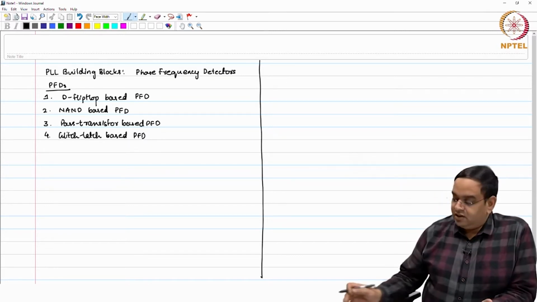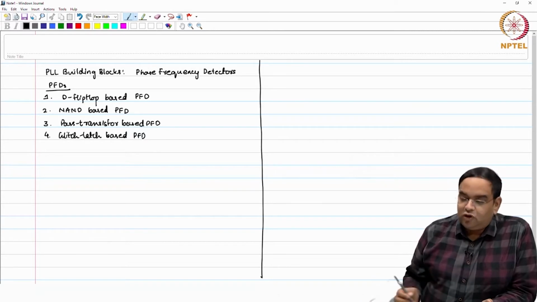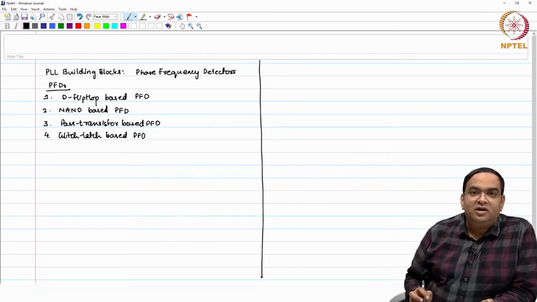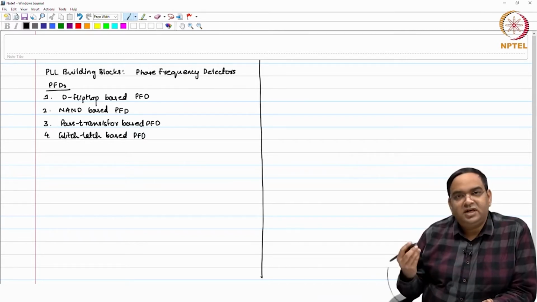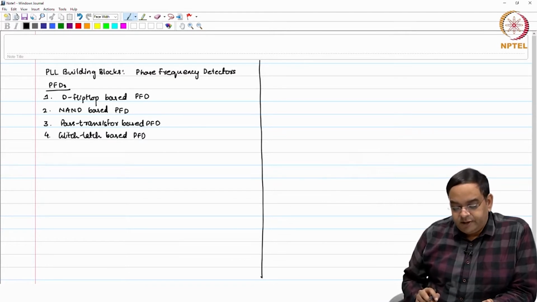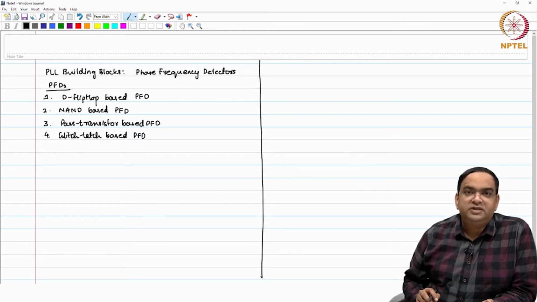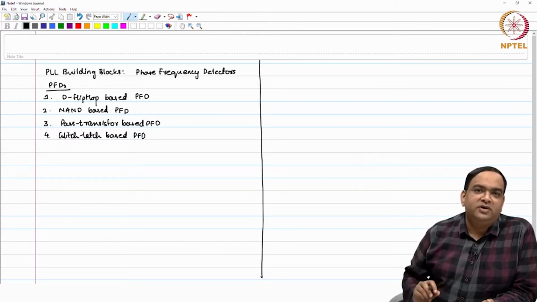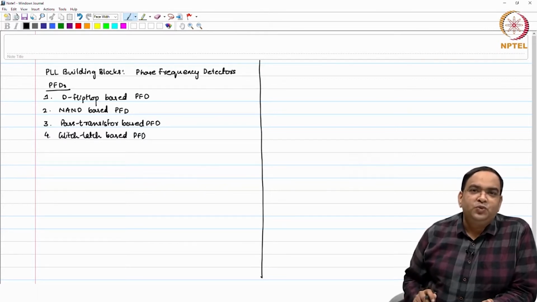But there are other designs also. This list is not ending here. There are many designs. The only reason why I will stop with the NAND based PFD is because D flip-flop and NAND based PFDs are most commonly used unless that negative region becomes too critical.